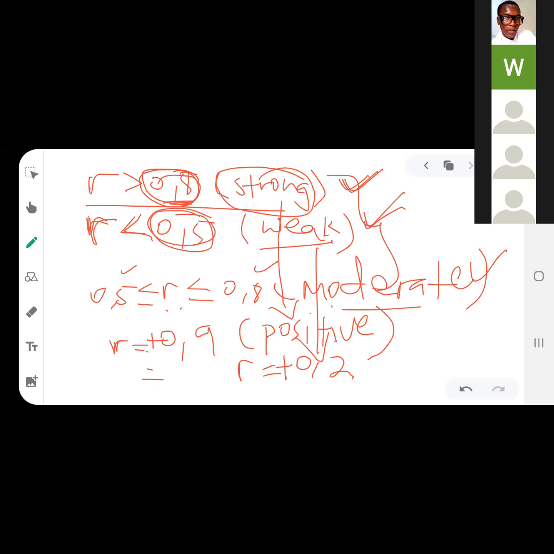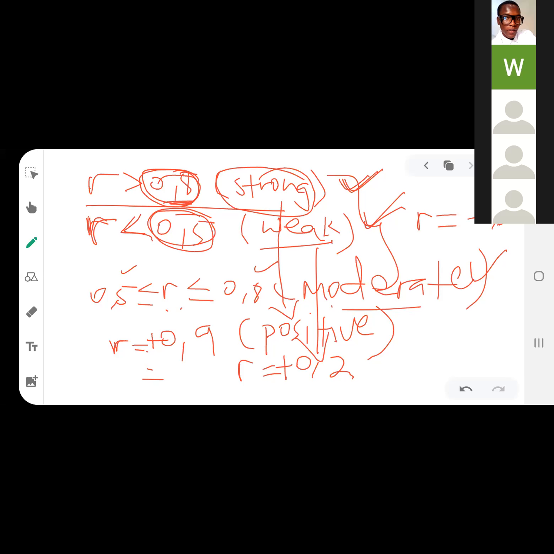But if your R is now equal to negative 0.5, or let's say negative 0.8 or negative 0.5, the relationship is negative because R is negative.